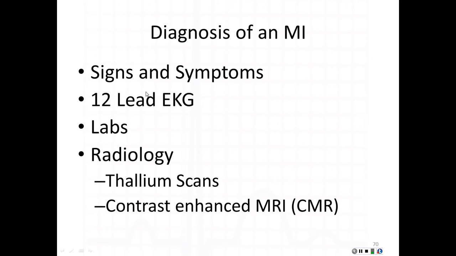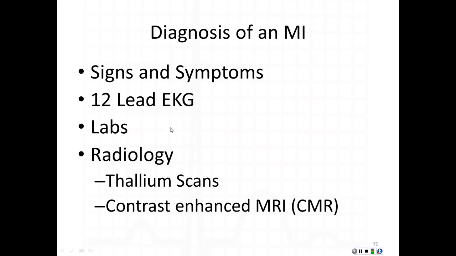Of course, the 12-lead EKG, we're looking for that ST segment elevation. But if this patient has a non-STEMI, we may not see that on the EKG. And then with labs, we're going to be looking at cardiac biomarkers. Typically, what you're going to see in most facilities are troponin and CKMB, creatine kinase myocardial bands.